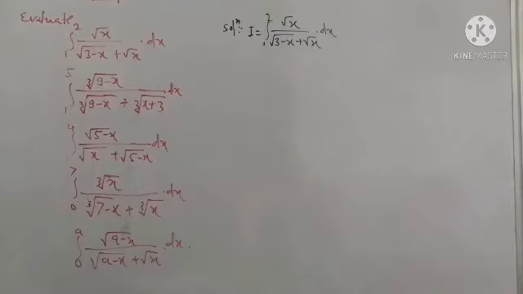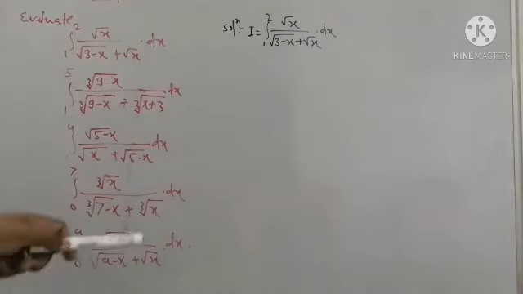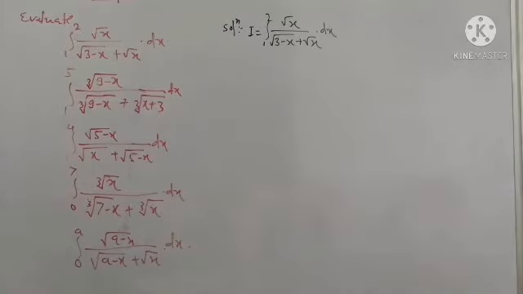These examples are to be solved by using properties of definite integration. As you can observe here, these are fractions containing radical signs, that means root, cube root, fourth root, fifth root, or nth root like terms. And these terms are in a pattern in which the numerator has a single term which is repeated in the denominator.